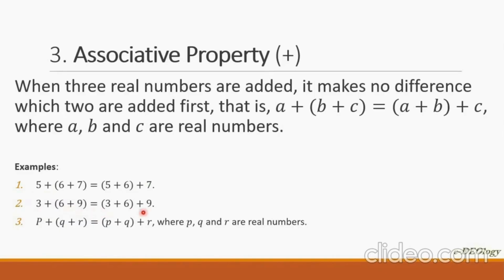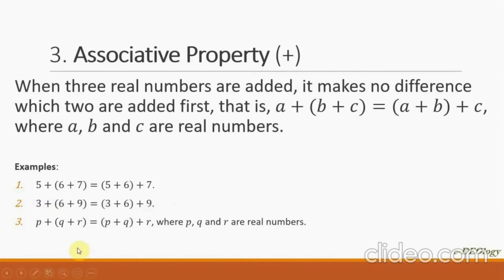And on the right side, the first two terms are grouped together. Then later on, if we get the sum of the left side and then the sum of the right side, eventually we will get the sum of 18 for the two sides.